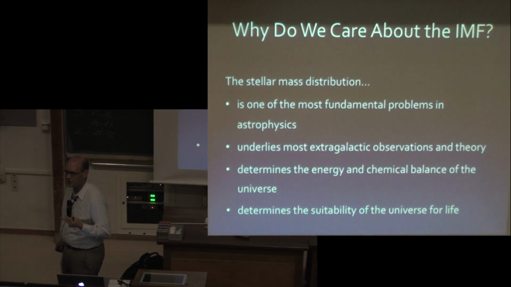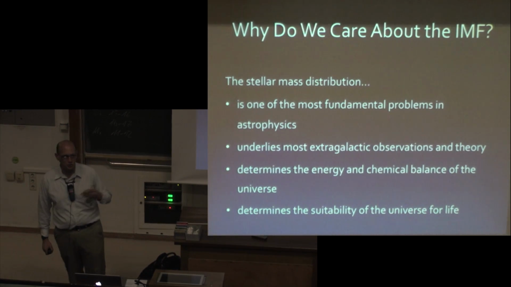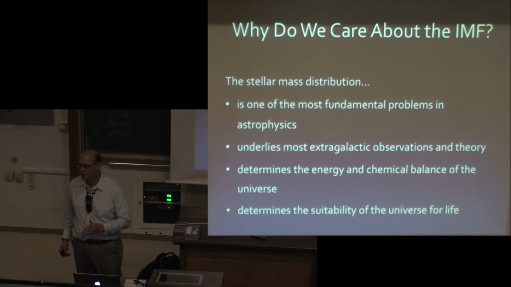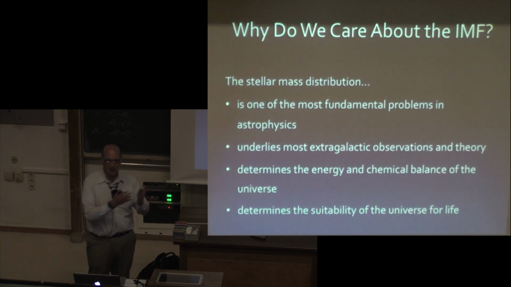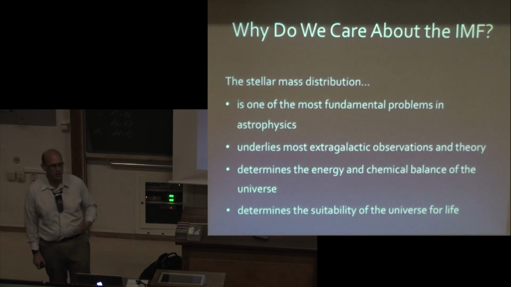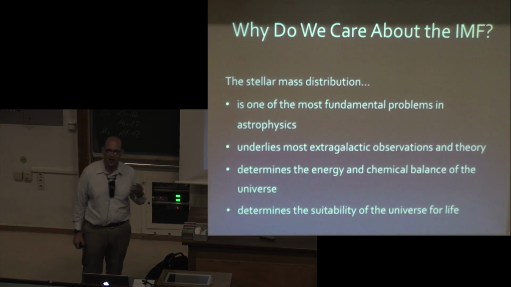Massive stars are much more efficient nuclear engines than low-mass stars. They turn hydrogen into light and heavy elements much faster than low-mass stars. And so, when I form stars, the balance of high-mass stars versus low-mass stars is critical in determining the amount of energy I'm going to get out of the stuff I put into stars and the amount of heavy elements I get out.